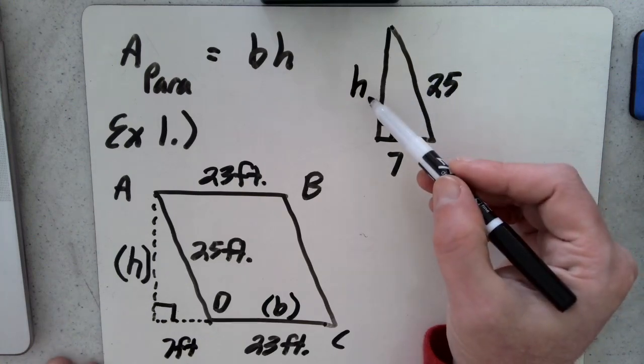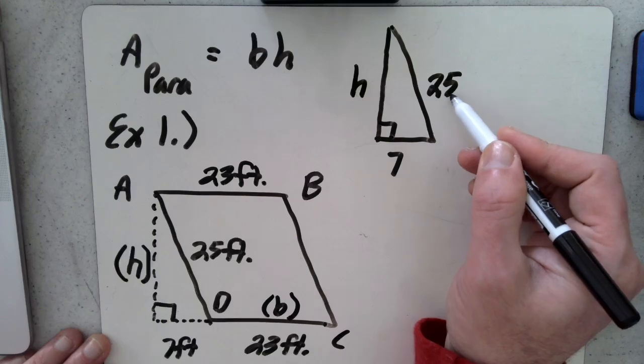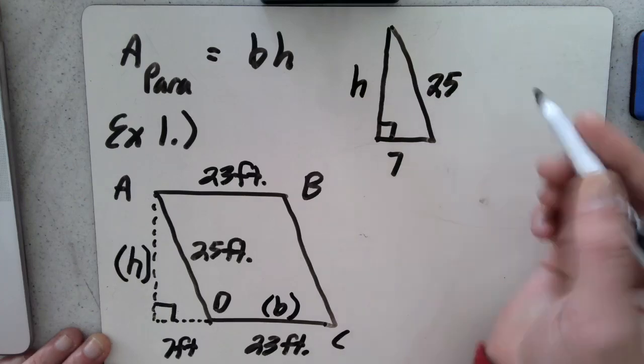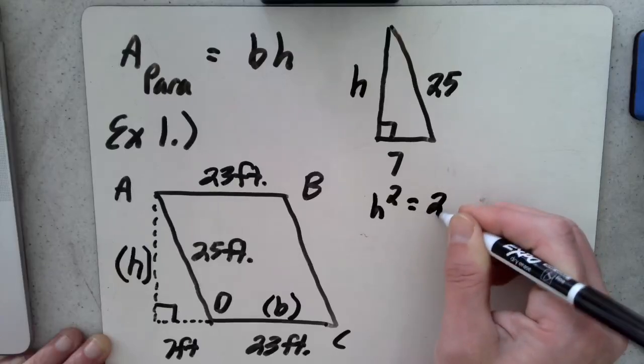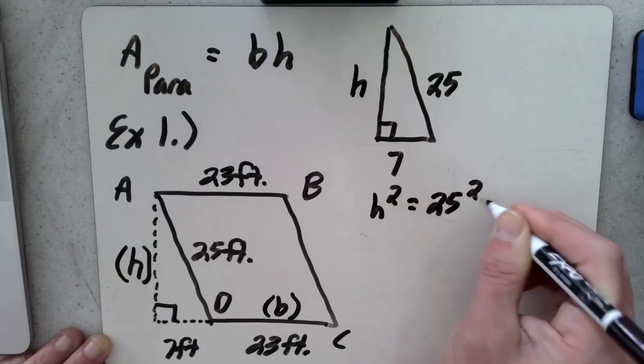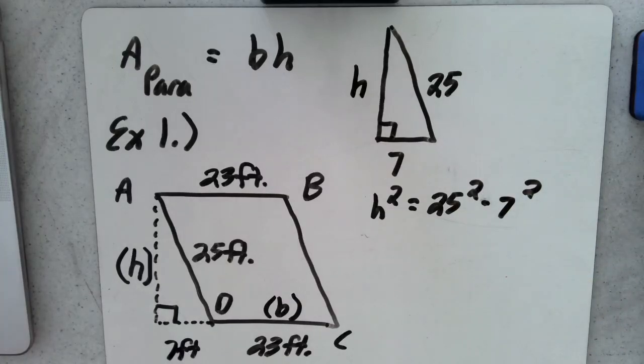Therefore, to find the third side, I can use the Pythagorean theorem. And because 25 is the hypotenuse, I can simply say h squared will equal 25 squared minus 7 squared.